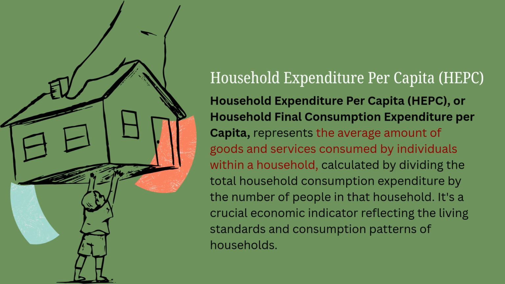So this measure concerns what goods and services are consumed by a household, but how do you calculate this? You calculate it by dividing the total household consumption expenditure by the number of people that live in the household. So you'd calculate the amount of goods and services and then divide it by the amount of people who live in the household, right? And this is an economic indicator.